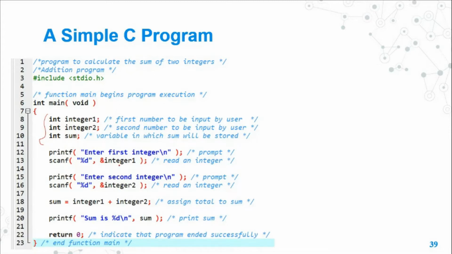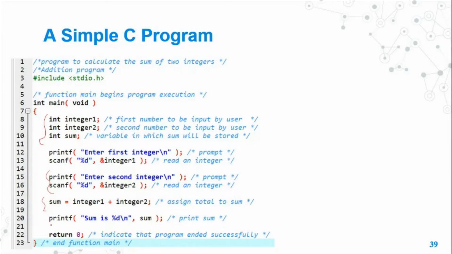So integer 1 gets the value that is input by the user. Then in these two lines we read the value for integer 2. Then here we add integer 1 as well as integer 2 together, and the sum of these two variables is assigned to another variable, sum.